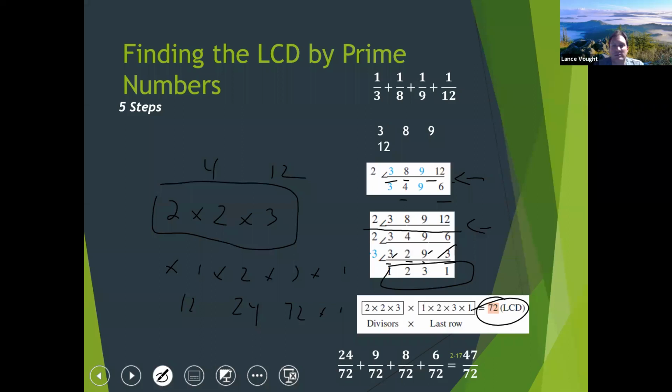Prime number of this, what's left over. Prime number of this, what's left over. So if you do that, you get 3 times 2 times 3 times 2 times 3 times 2 is 6, 18, 36 times 2, which is 72.